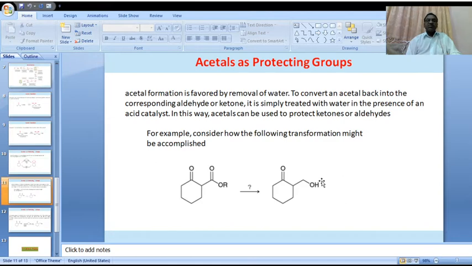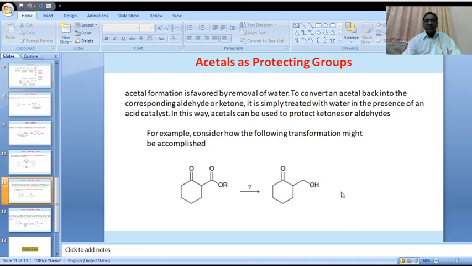For example, consider how the following transformation might be accomplished. Here, in this compound, there is a carbonyl functional group and an ester functional group. In the backward reaction, there is no disturbance of this particular carbonyl functional group. Only the ester functional group is converted into alcohol.